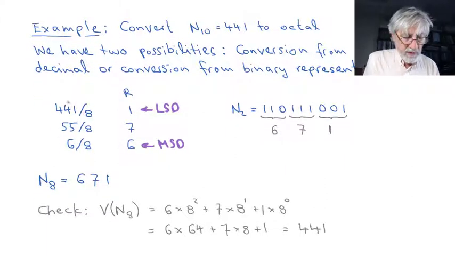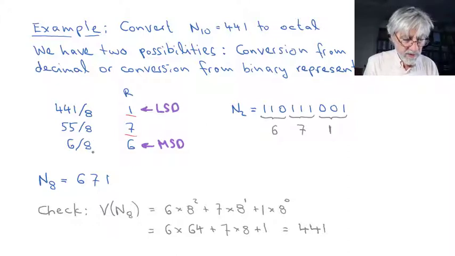If we take the direct conversion from decimal, we have 441 divided by 8. So 440 is divisible by 8, that gives us 55, and we have a remainder of 1, so that's the least significant digit here. Then we have 55. 48 is divisible by 8 and gives us 6, and 55 minus 48 gives us 7 for the remainder.